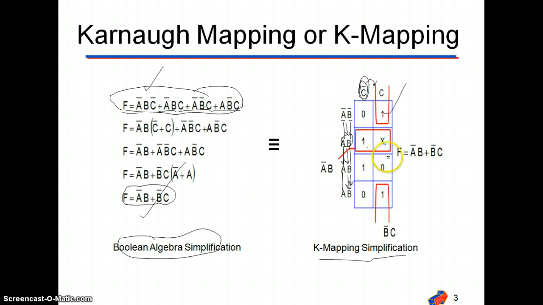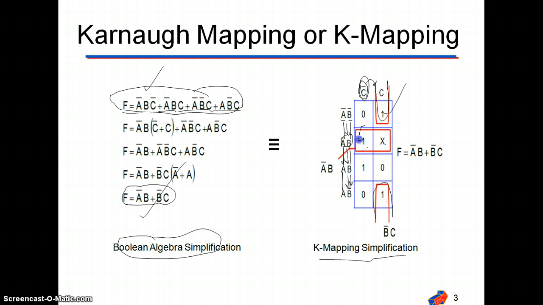Why are we taking this don't care term to solve? Now if we see this, we are making a pair of 1 over this side and the other one this side. These 2 make a pair of 1 each.